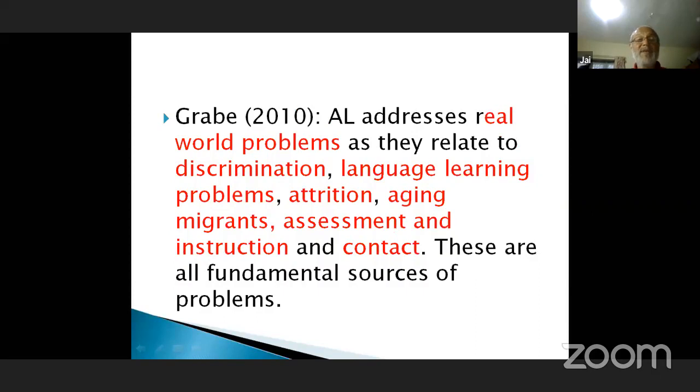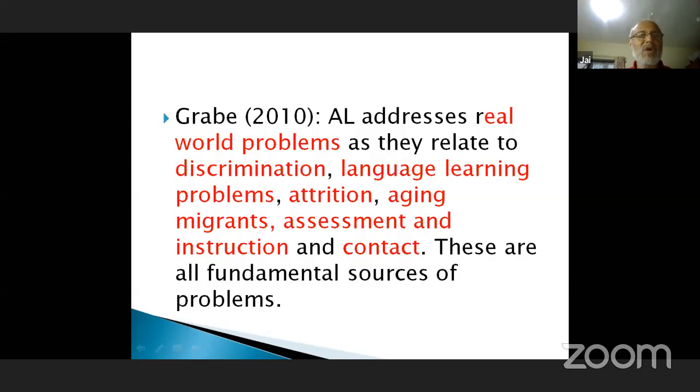Then Grabe, the same person whom I will refer to at large, in 2010 defined it as dealing with real world problems. I don't know whether the categories of the problems that he envisioned address these real world problems, but he talks about very obvious problems worldwide. Could be discrimination, language learning problems, attrition, and aging migrants also, the people who migrate from one place to another, like our Bhutanese friends who migrated to the United States, and they had a lot of difficulties because they were kept in different states.